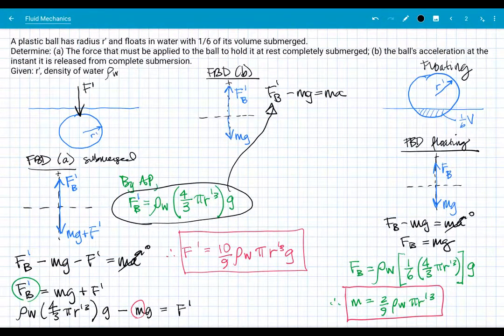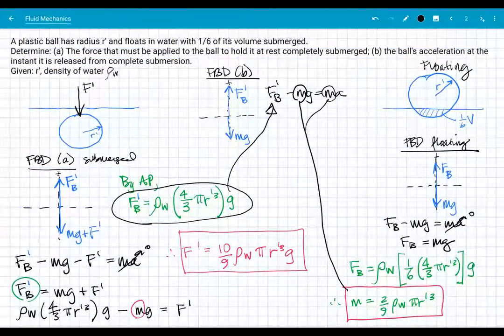So this m down here, I can sub in for both these masses, and then I will be able to solve for the acceleration there. And you've done enough of these force analysis problems and substituting in different forces that hopefully that'll be fairly straightforward. The big conceptual move there was to remember that now that f prime is gone, you're no longer in equilibrium.